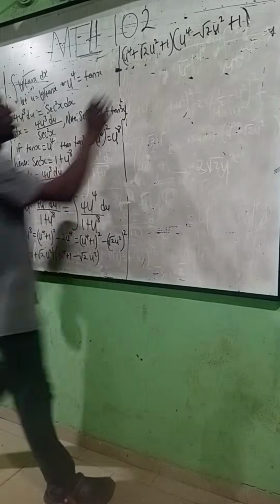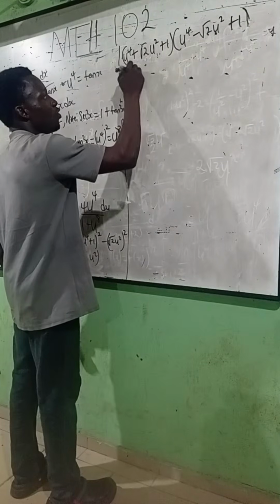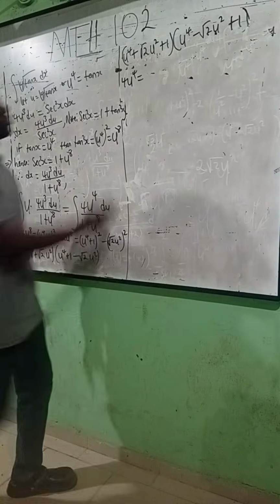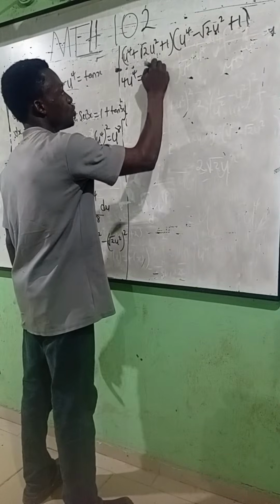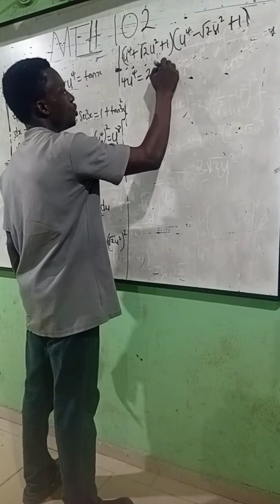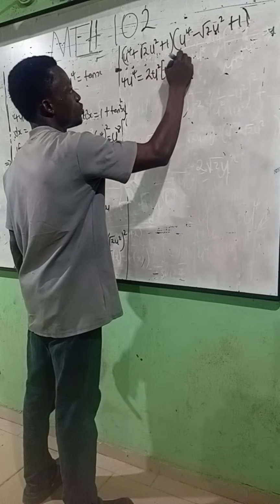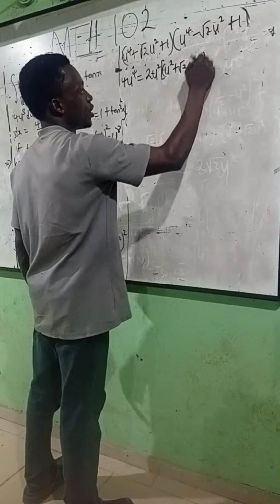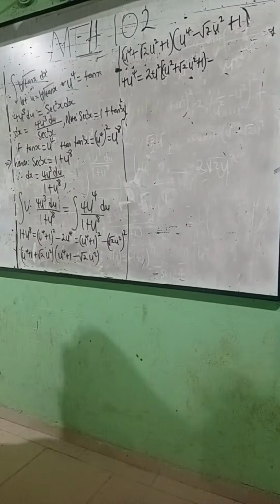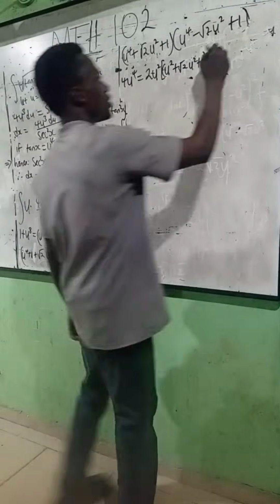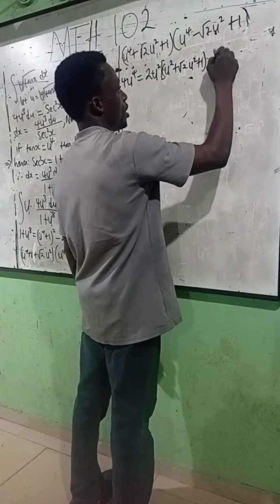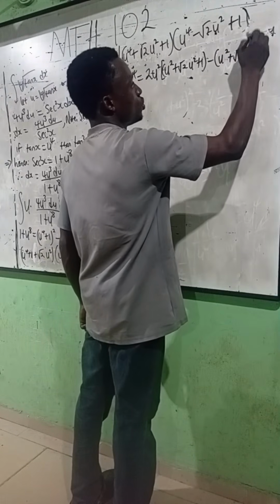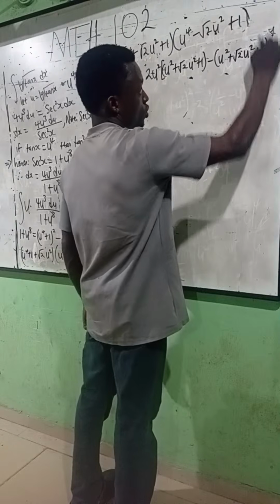For the numerator, 4u^4 can be written as 2u^2 into (u^4 plus root 2 u^2 plus 1 minus u^4 minus root 2 u^2 plus 1).